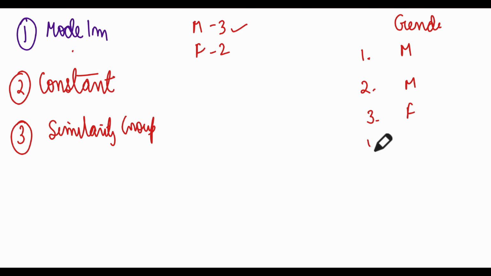Fourth is again female, fifth is male, sixth is male. Now you have 7 and 8 missing. If you see the distribution, male is 3 times, female is also 3 times.